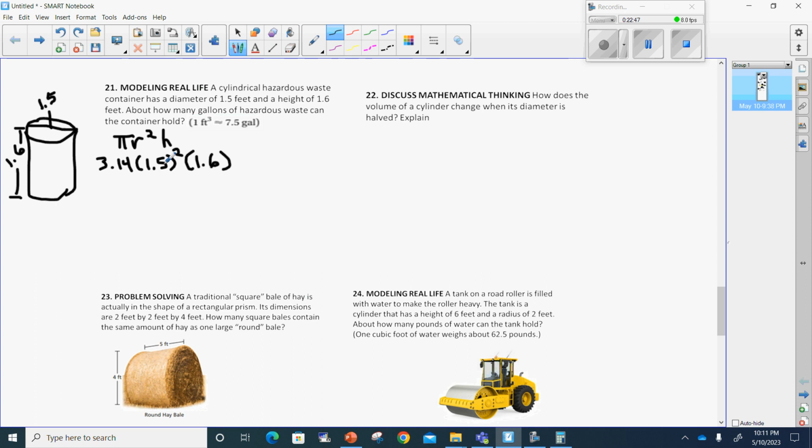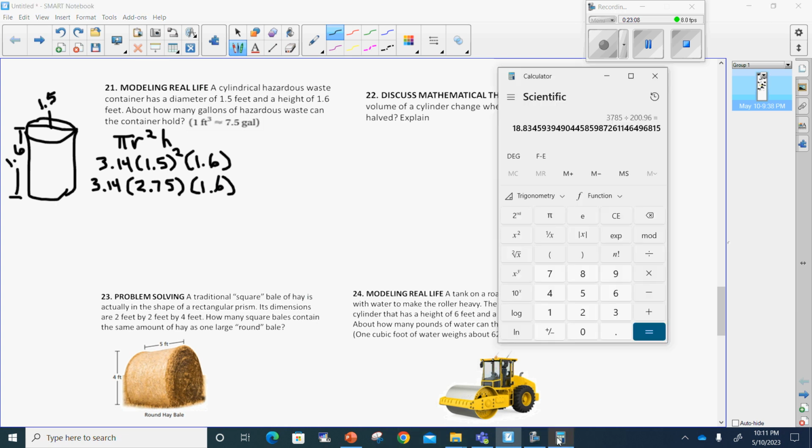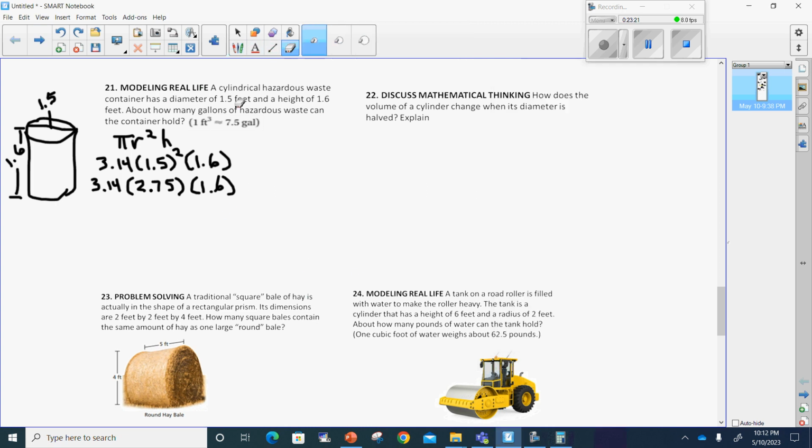So let's count 1.5 times 1.5 is 2.25. Sorry about that.